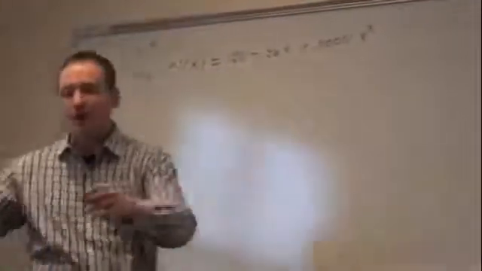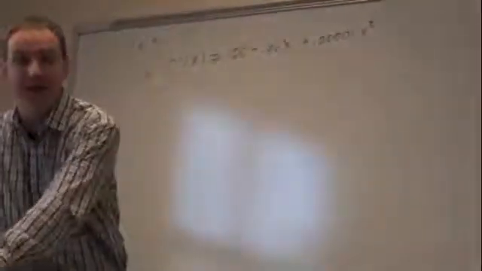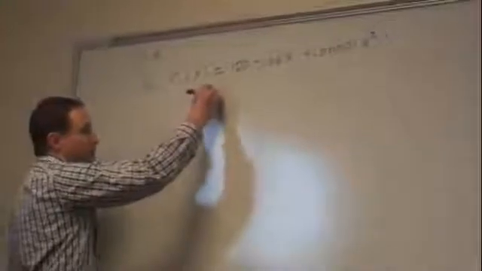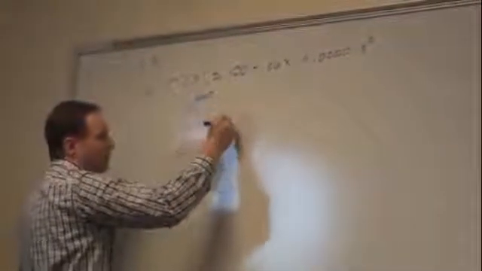Now, my goal is to try to address that first question. What is the cost of producing 3,000 units? But notice, I can't just plug it in. This is the change of cost. I need to get to my cost function. Well, I know that my cost function would be the integral of this, so I can say, well, if I want to find the cost of 3,000 units, how about I integrate from 0 units to 3,000 units of C prime of x?